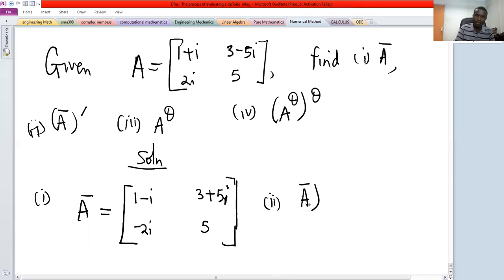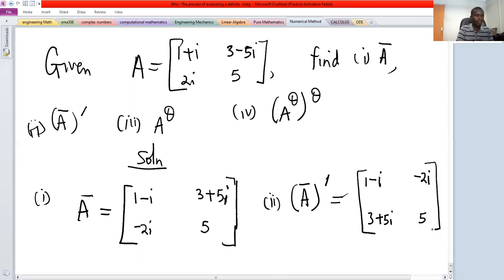Part 2: the transpose of A conjugate is the same as transposing this matrix. We have 1 minus i, 3 plus 5i, minus 2i, and then 5. So that is the transpose of that given matrix.